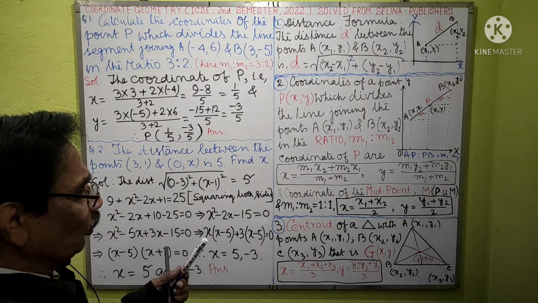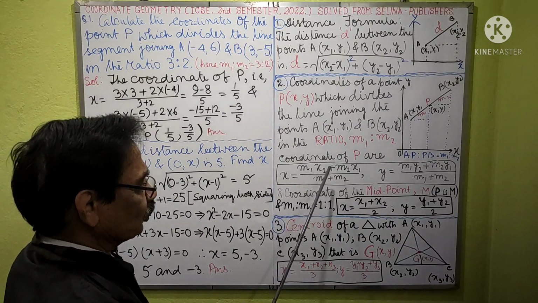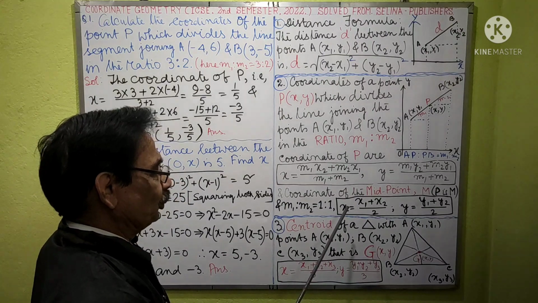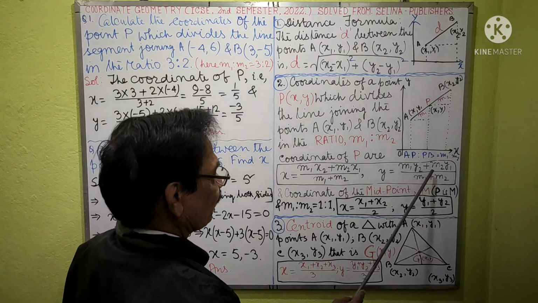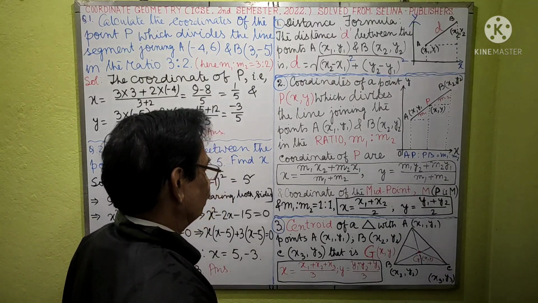The coordinates of P are: x equal to (m1 x2 plus m2 x1) by (m1 plus m2), and y equal to (m1 y2 plus m2 y1) by (m1 plus m2).